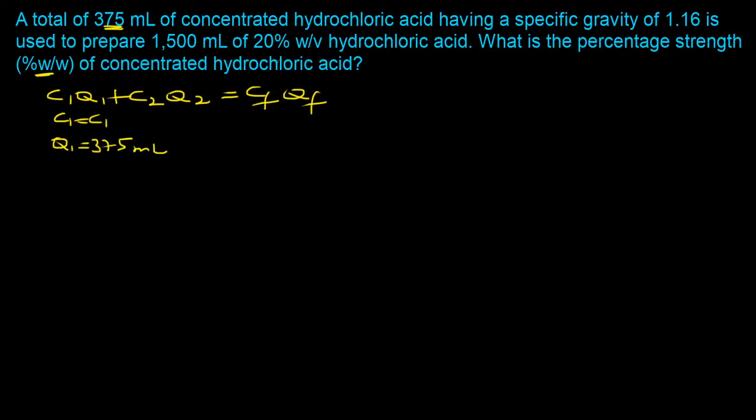That's from right here. C2 is going to be equal to 0. Q2 is equal to Q2. We don't know what that is. And C final is given as 20% weight by volume, and Q final is equal to 1500 milliliters.